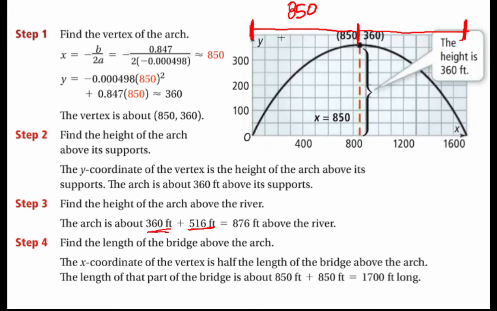That's half the distance, using this concept of symmetry. So the other half of the length of the bridge above the arch is 850 as well. 850 plus 850 is 1,700. Our units in this problem are feet. So we know our arch is about 876 feet above the river, and the part of the bridge above the arch is 1,700 feet long.